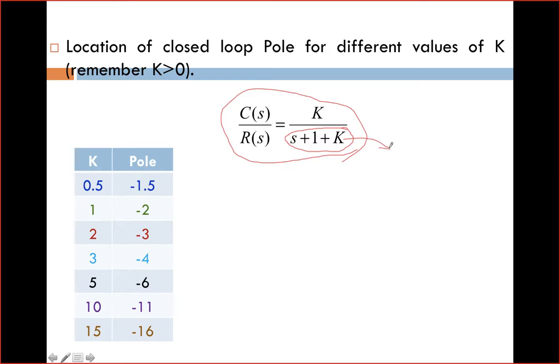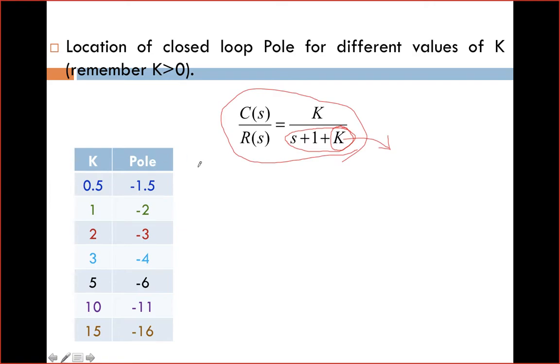Poles, then stability, we are going to define. So here we have a parameter called k. We do not know the value of k. If you give different values to this parameter, we can say something about the location of the poles. For example, this is a table. You find a table where we have listed different values of k and the value of the pole.